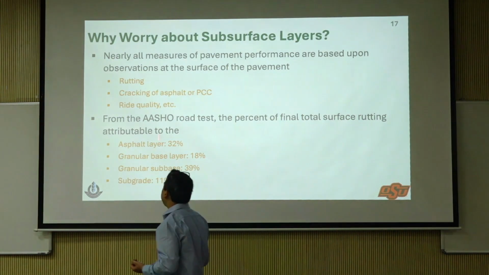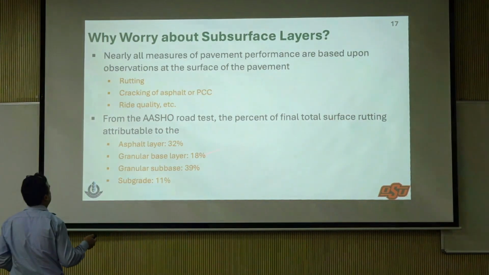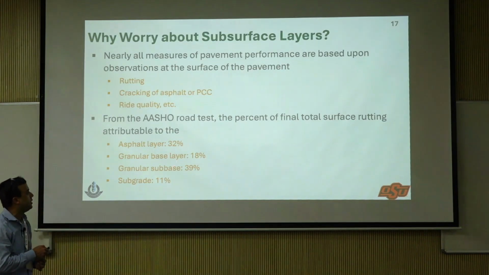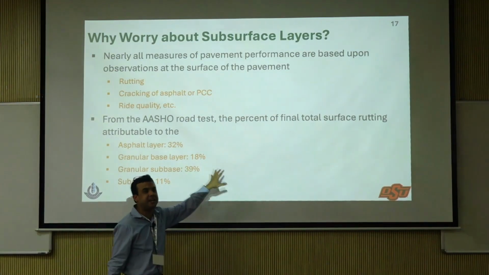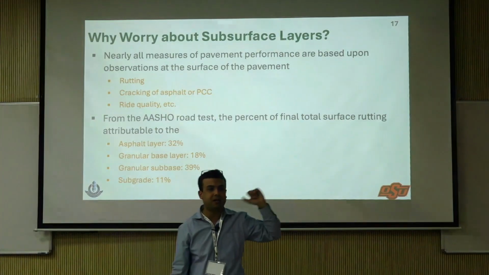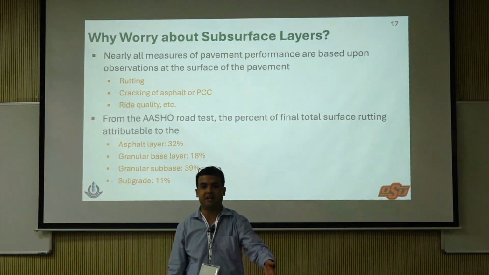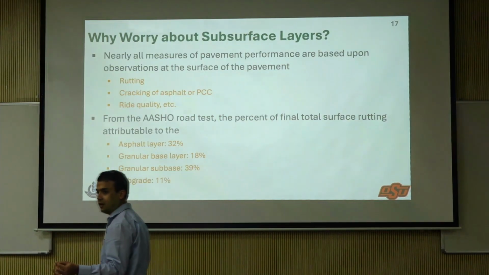But if you go back to the AASHO road test, the percent of total surface rutting, they said asphalt layer was 32%, granular base was 18%, subbase was 39%, subgrade was 11%. So 39 plus 11 is 50, plus 18 is 68%. 68% of the rutting was actually coming from the subsurface layers. That's why transportation geotechnics is important.